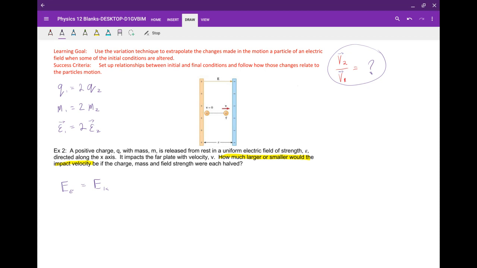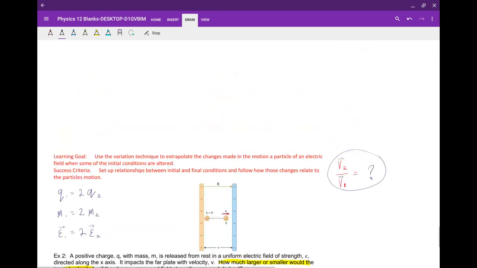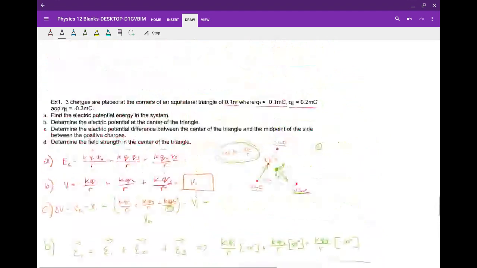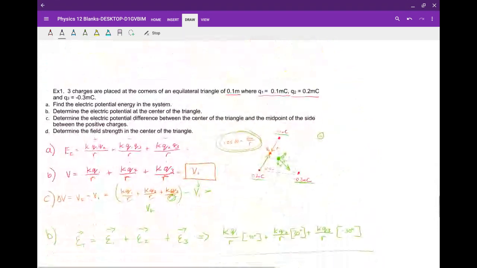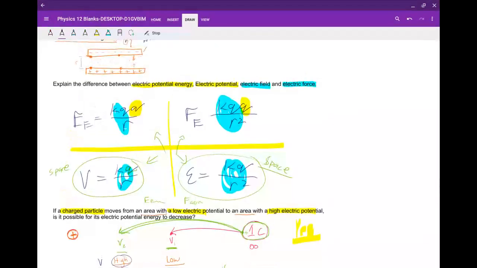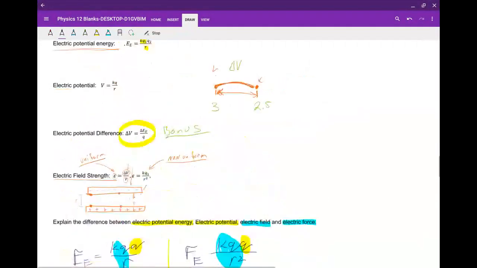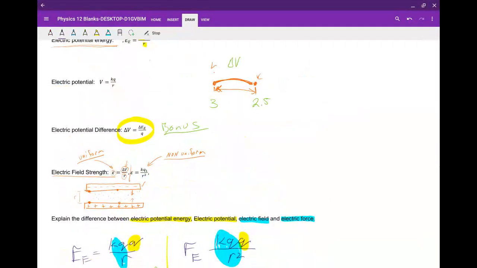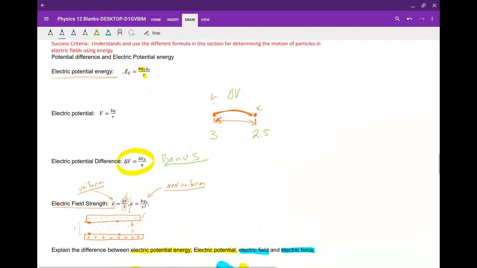Now, the electrical potential energy is just going to be equal to, now we're talking in a uniform field. Where were these formulas? They're way up here. This was a non-uniform one over here, and this was also non-uniform. Did I go over the uniform electrical potential energy? Here it is.